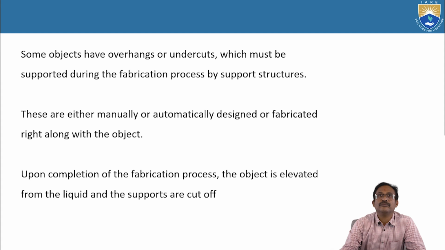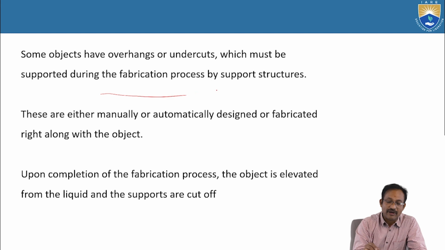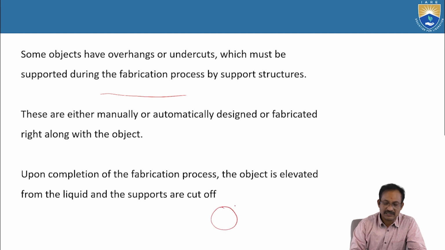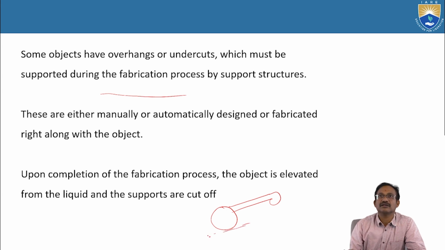Some objects have overhangs or undercuts, which must be supported during the fabrication process by support structures. Let us say our requirement is this one. This is the base, and let us say it has started from here, but at this end we do not have anything.